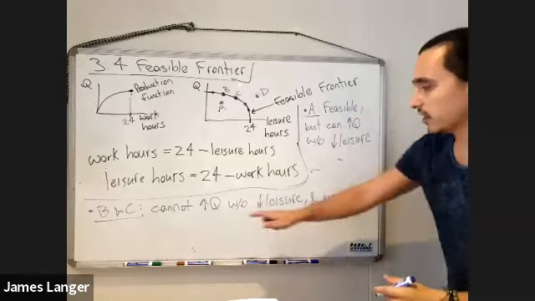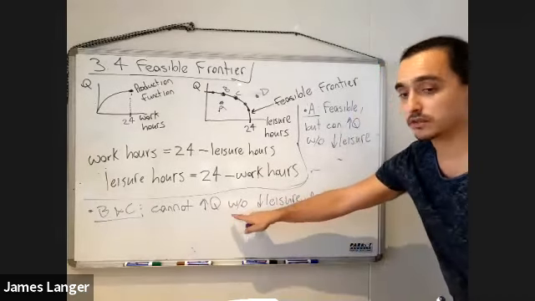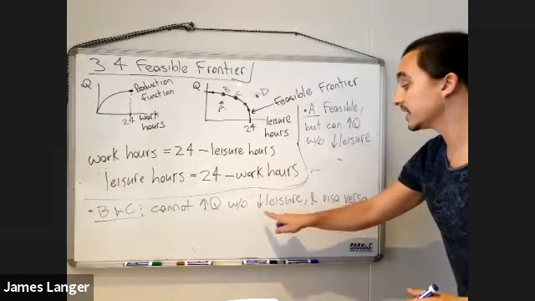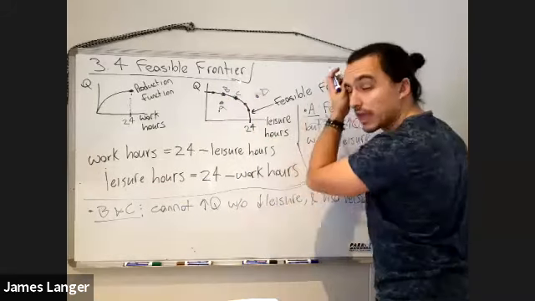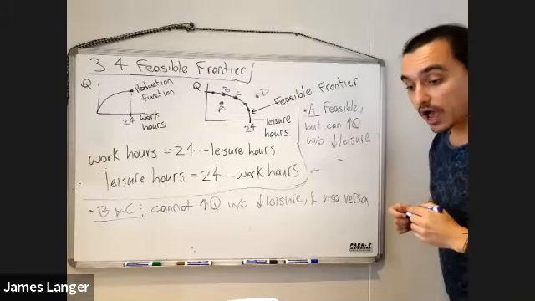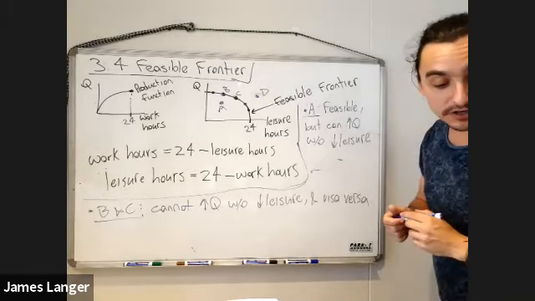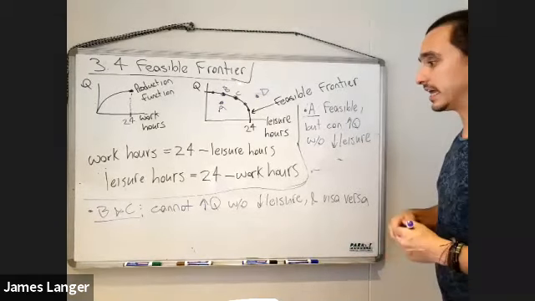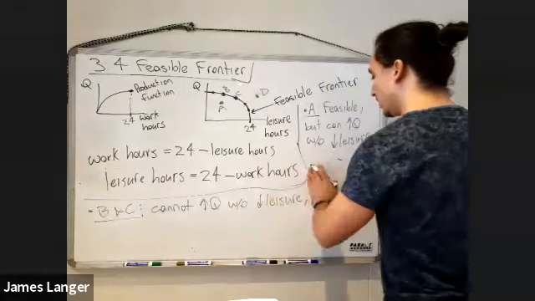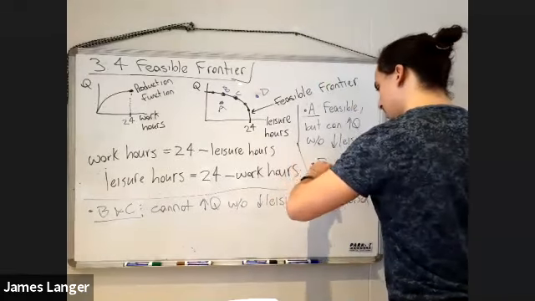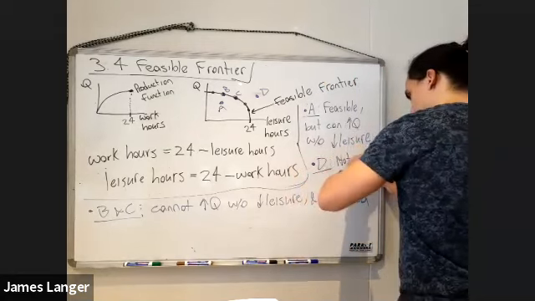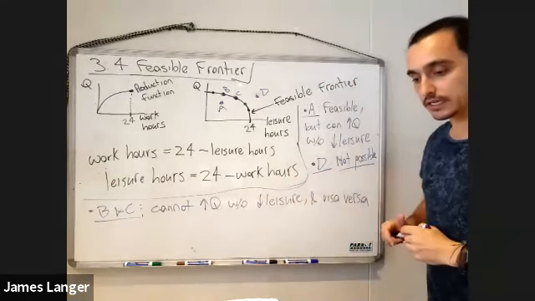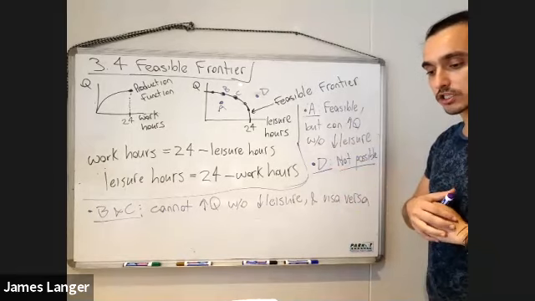So you cannot increase quantity without a decrease in leisure when I'm at B or C. That means I am efficient, which is something you're going to learn about in a later section. Finally, we'll see that D is simply not possible.